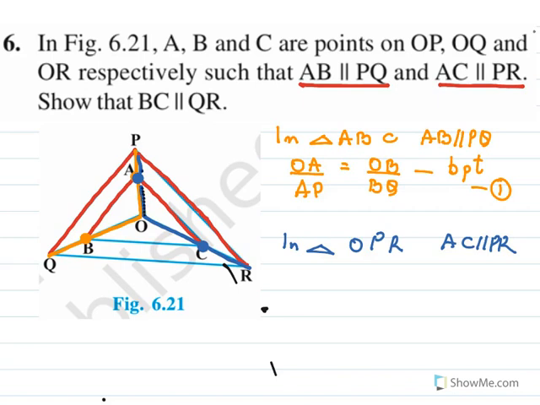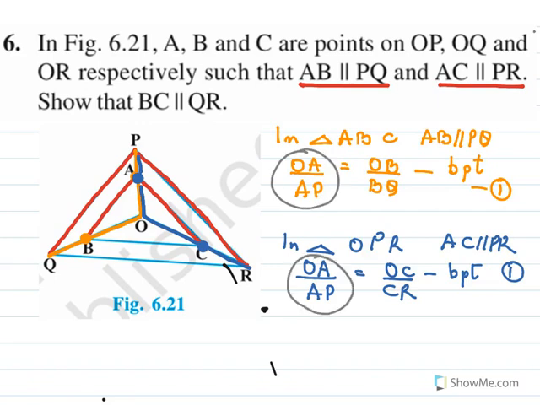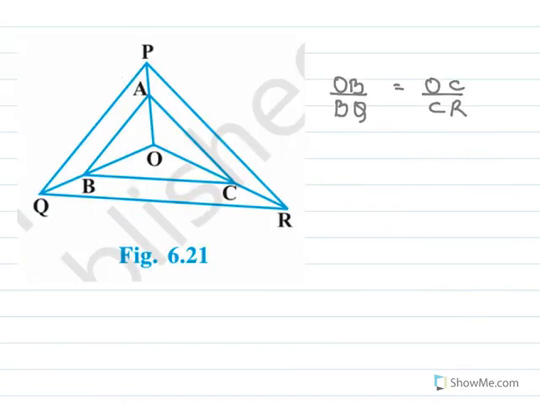So OA over AP equal to OC over CR, and that too is by BPT. When you look at 1 and 2, you see something is common, and that is OA over AP. So by comparing both, now I can see that OB over BQ is equal to OC over CR. This is from 1 and 2.